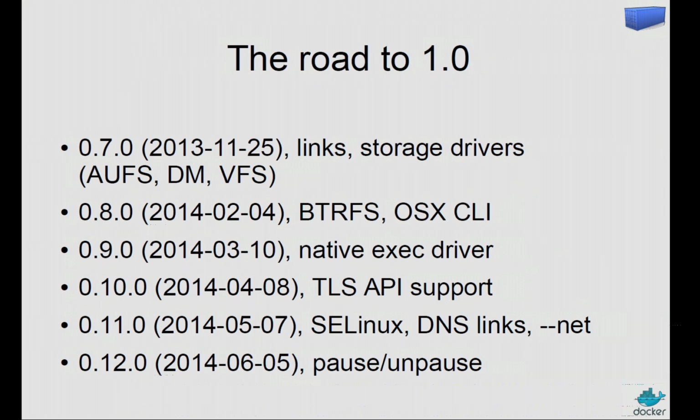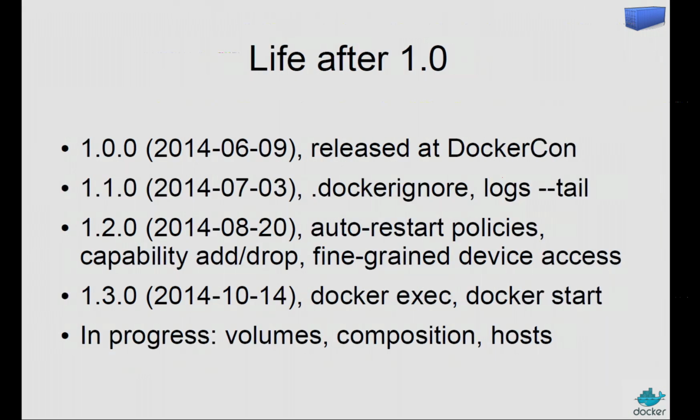We added security, so TLS for the API, SELinux, and also pause and unpause, and so on and so on. In June this year, we released version 1.0, saying, okay, this is production ready, because before we were telling everybody, Docker is not production ready, use at your own risk. Your house will catch fire, your dog will run away, and terrible things will happen. And many people were using it anyway, in spite of that.